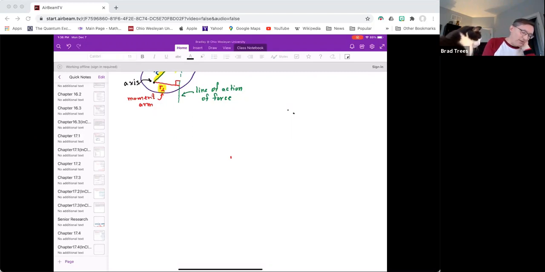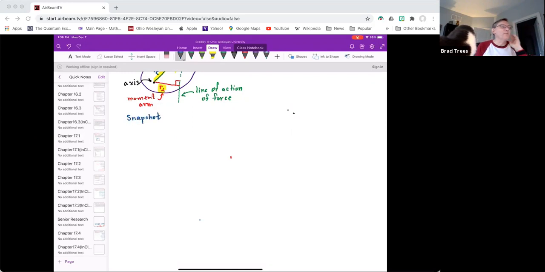Okay, so if I draw a snapshot graph of this sinusoidal traveling wave in the string, it might look like this. Horizontal x-axis, that's where the string would be resting if I didn't disturb it.